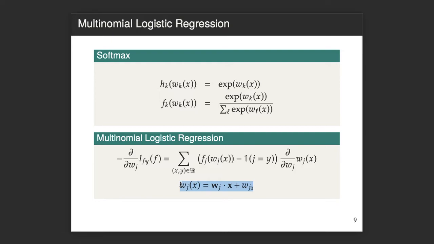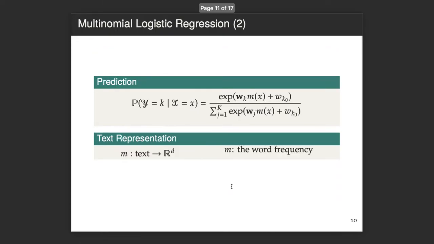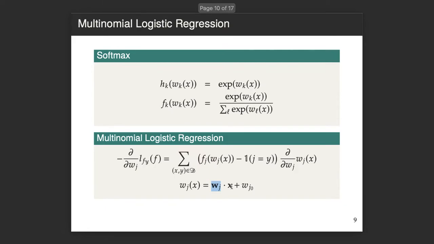If we replace w with this, we still cannot find an analytical solution, and so we need to rely on an optimization method to obtain the parameters w. But before we move on, let us focus on this one. In the multinomial case, we are assuming that we have a linear equation.